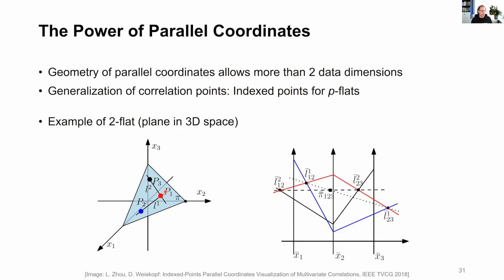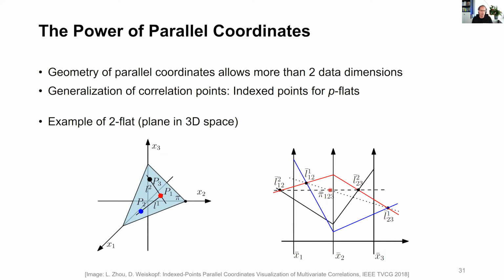And likewise, you can do it for this line that's spanned by P3 and P1, so the black and the red point, you see the corresponding points over here. And they also give these intersection points. These would be the index points that represent just the relationship along the line. Now you can combine all of these intersection points and find yet another intersection point in between. And that's a representation now of the whole two-flat.